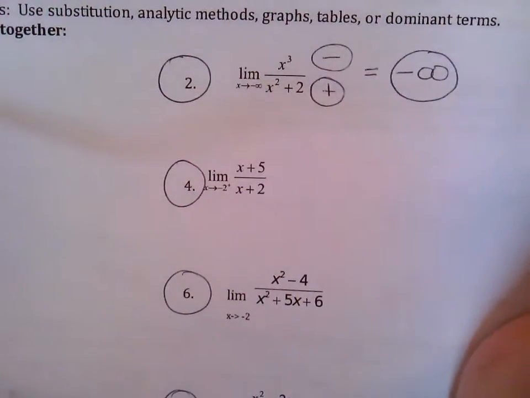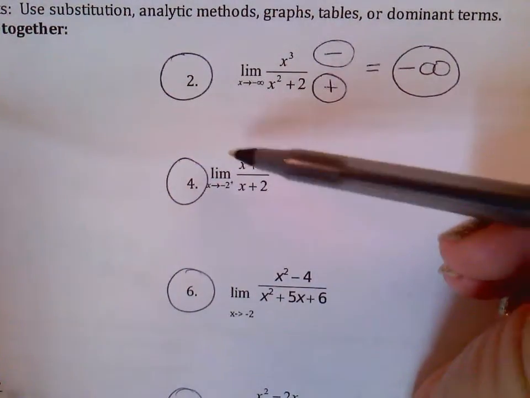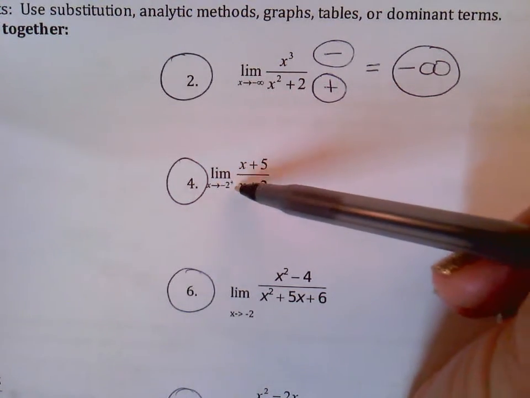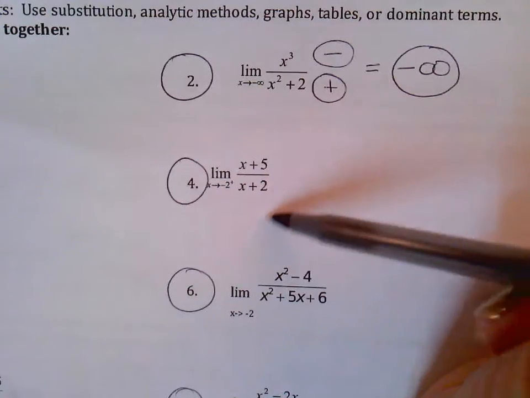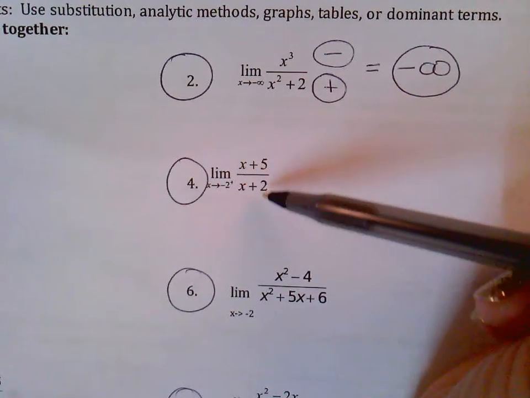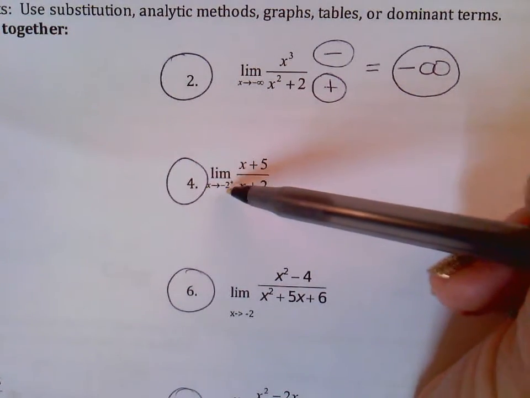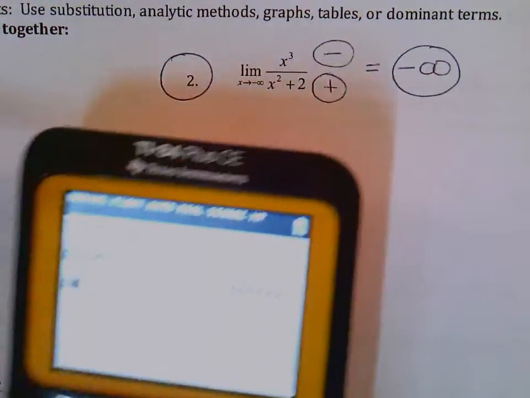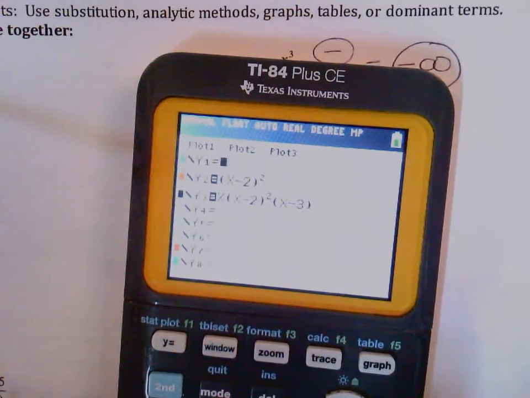All right, number 4. This is going to need to look at the graph because -2 is the asymptote of this rational function, and I want to see what the graph is doing as it approaches the asymptote from the right-hand side. So I'm going to look at this graph on the graphing calculator.